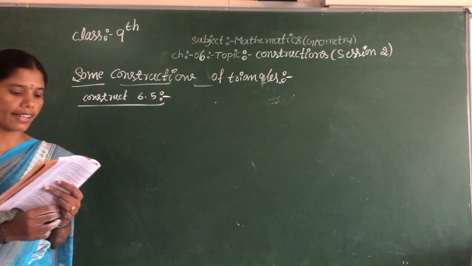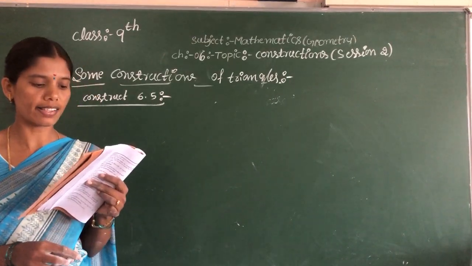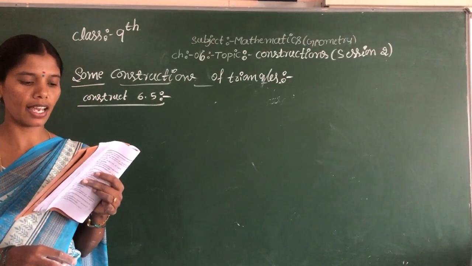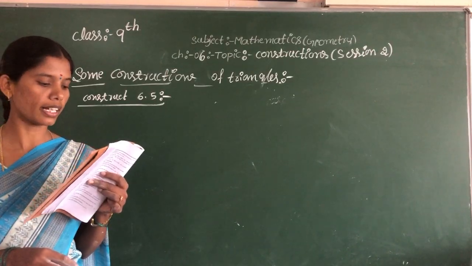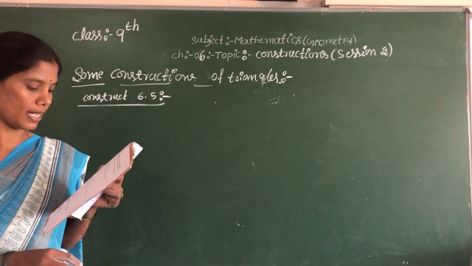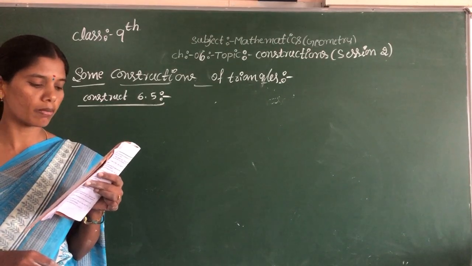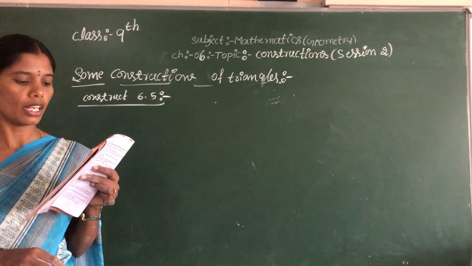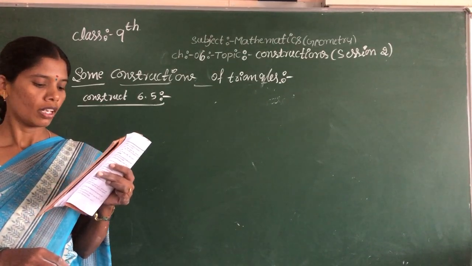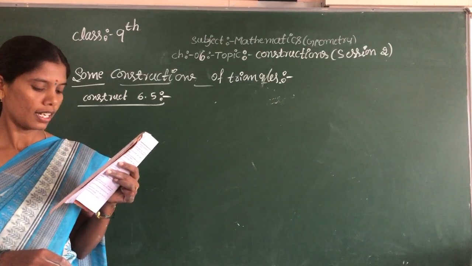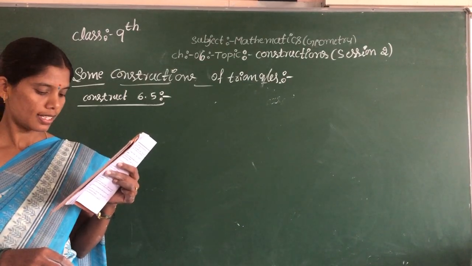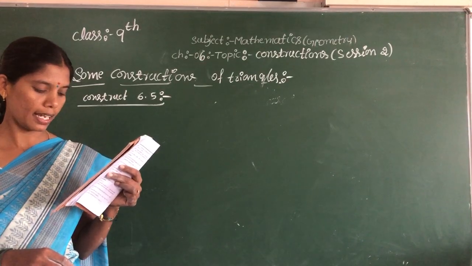So given base angles, angle B and angle C, and BC plus CA plus AB, you have to construct the triangle ABC. First, draw a line segment, say XY equal to BC and CA and AB.